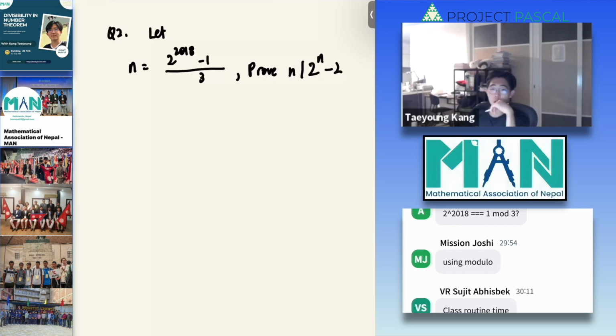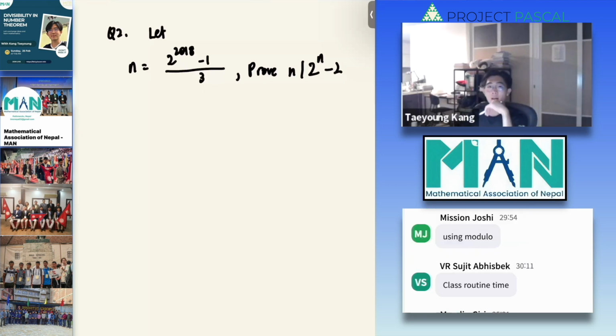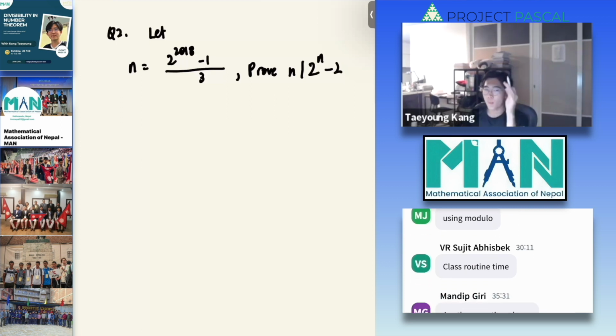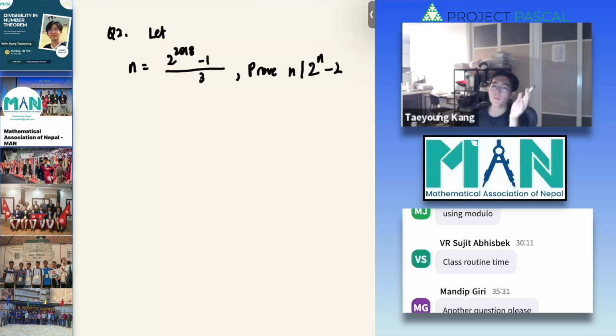Someone mentioned generalize and induction. I feel like that would be a very good idea for most problems, but in this case, I don't think it works. Someone said geometric sum of the powers of two. That's a very good observation, but it's not applicable to this question.